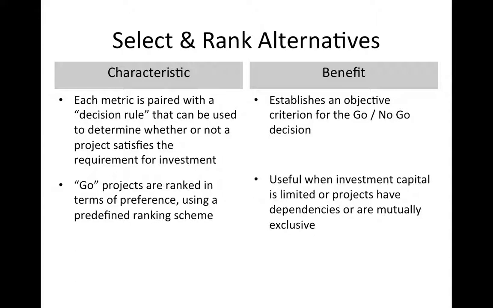All of that is intended to lead to us taking a lot of the subjectivity out of the investment decision, creating this objectivity, and also having a lot of documentation of what we were thinking and why we selected the projects. You'll find all of that is very useful as the projects are implemented and unfold, for people to be able to go back and look and say, okay, is it performing the way we expected or not?